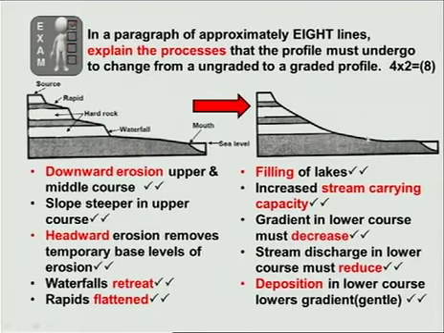Deposition is very important. The material that has been removed here must go down there and be deposited there. Then you get a gentle gradient, and that, people, is how this changes into that. It is very important that you know the processes when it comes to your graded and ungraded profiles.